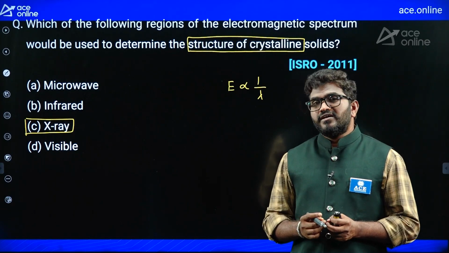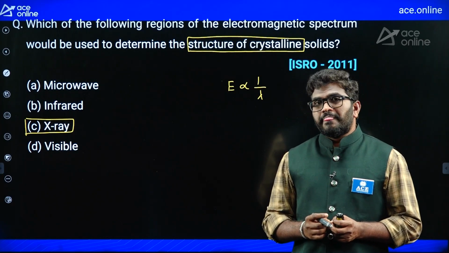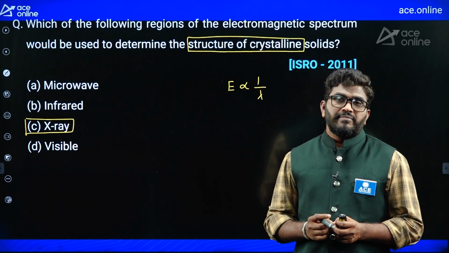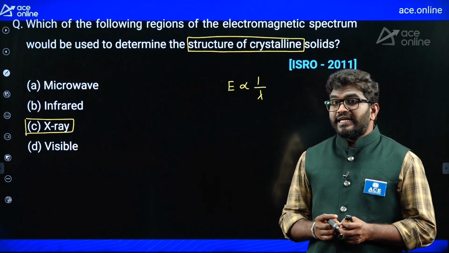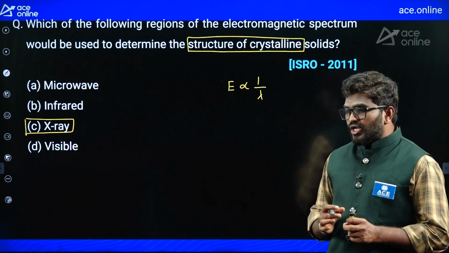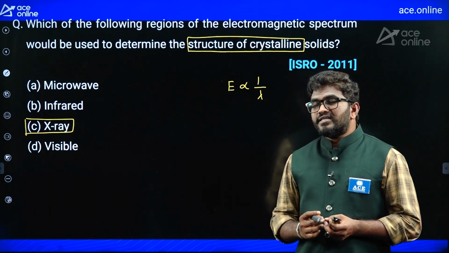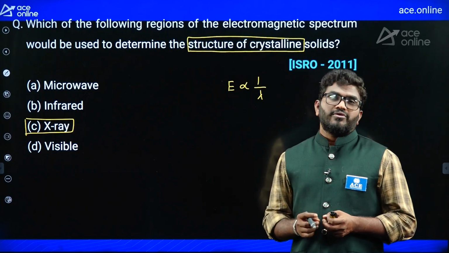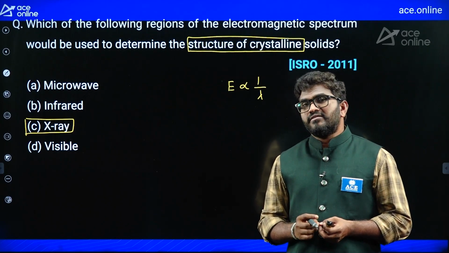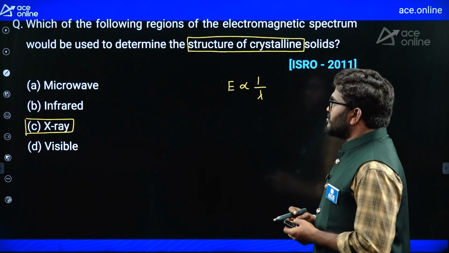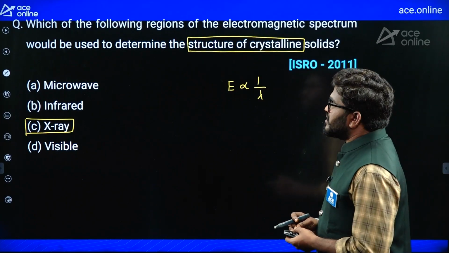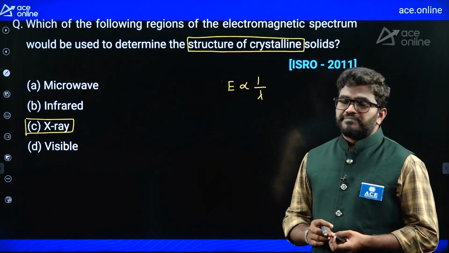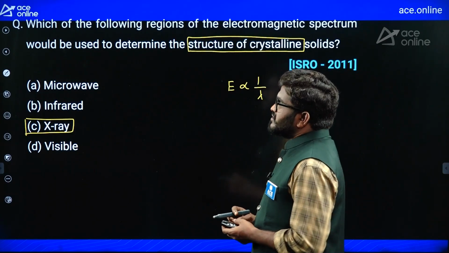That's why we are not using alpha, beta, gamma rays, but X-rays you can take. They have low wavelength, high energy, and they can travel more. That's why we are using X-rays. So C is the correct answer for this question.